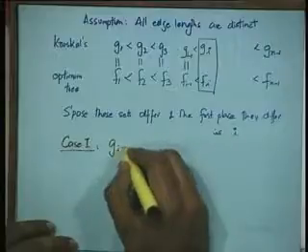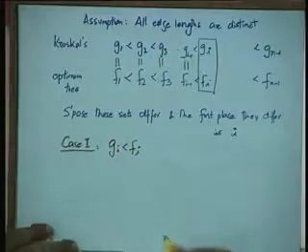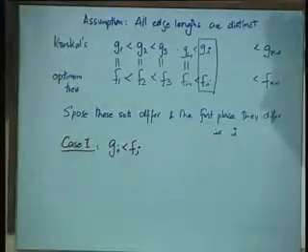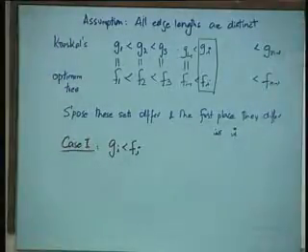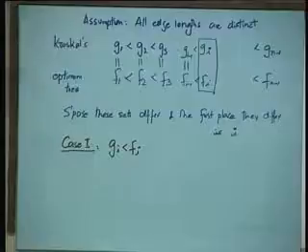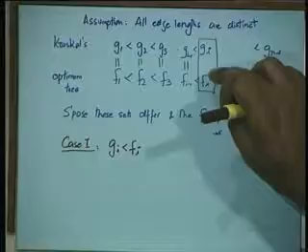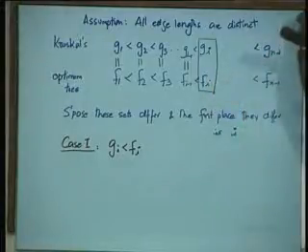Case 1, GI let's say less than FI. इक्वल नहीं हो सकते। क्यों नहीं हो सकते? क्योंकि all edge lengths are distinct, तो इसलिए इक्वल नहीं हो सकते। तो GI FI से कम है, ठीक है। GI अगर FI से कम है तो क्या गलत है?